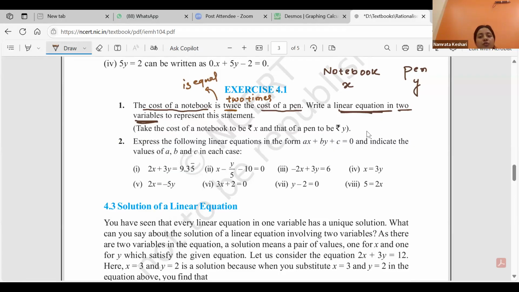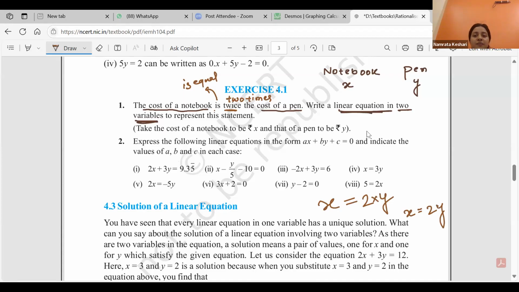So according to our assumption, the cost of a notebook is X. Is means is equal to. Twice means two times the cost of a pen. We ended up getting a linear equation in two variables, which is X equals 2Y. Is it a linear equation in two variables? Of course it is.